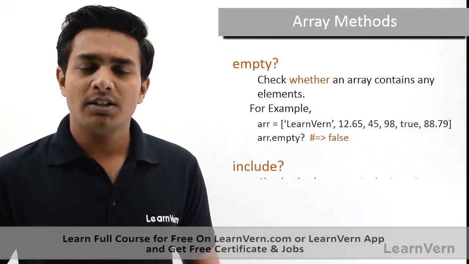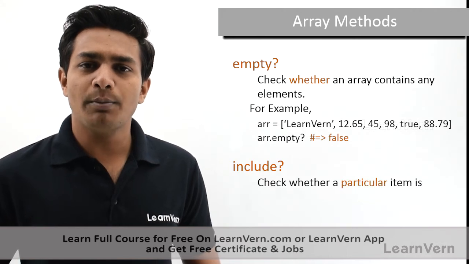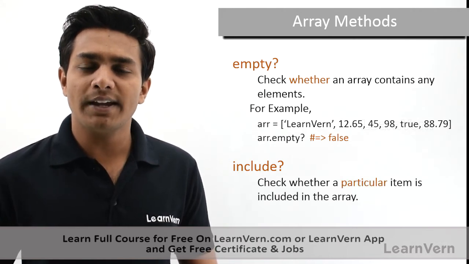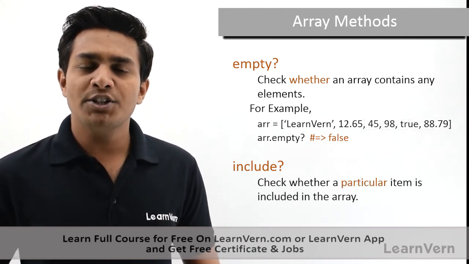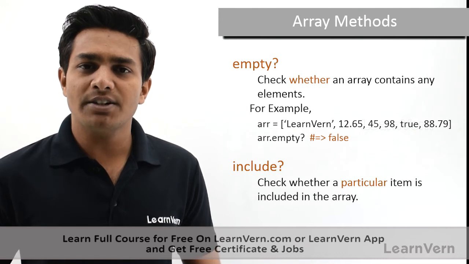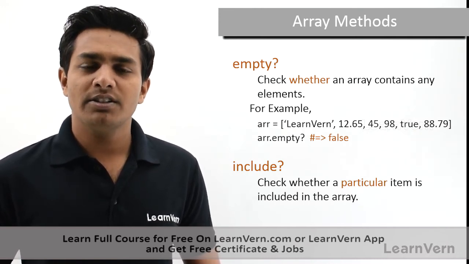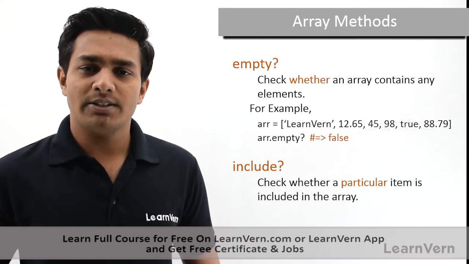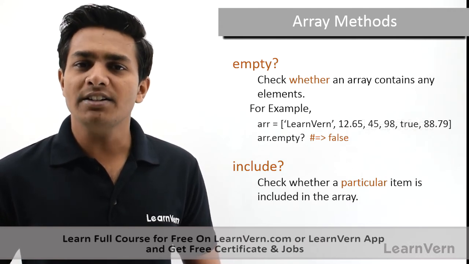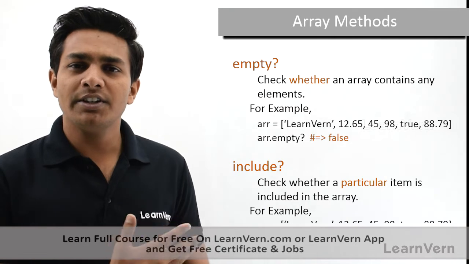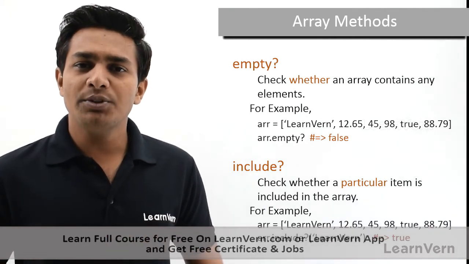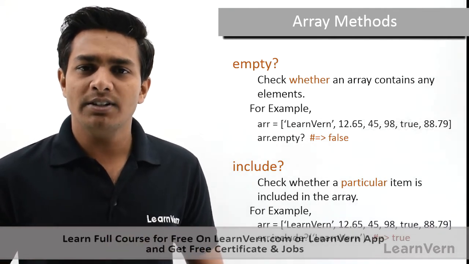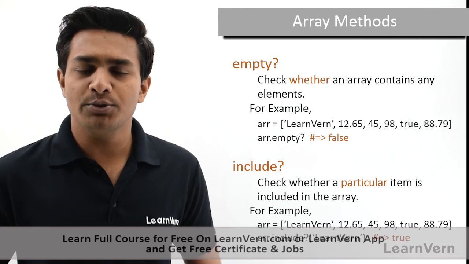Include method. If I want to check whether my array contains a specific element or I need to check for specific item, that is it available into my array or not, in this case I am using include method, that is followed by a question mark. Here in an example I have created one array variable that contains 6 values.